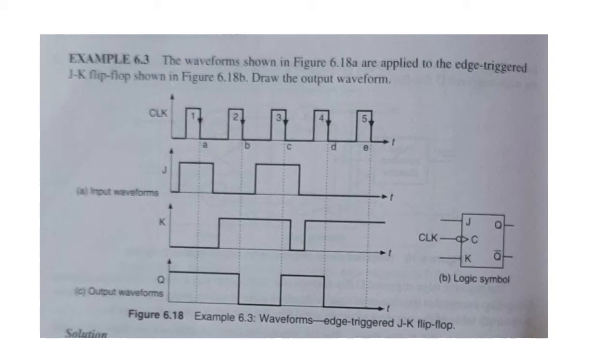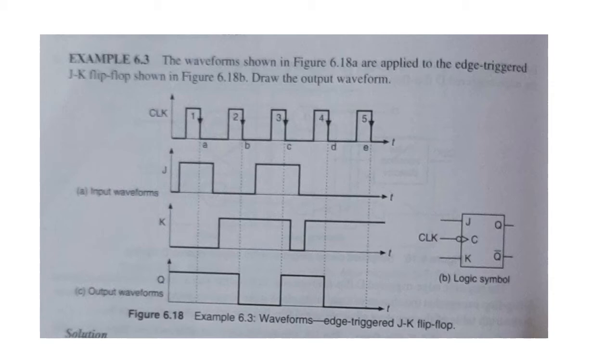If the given J and K waveforms are like this, what will be the waveform for Q? Since the given flip-flop is negative edge triggered, triggering will occur only at the negative edge of the clock signal. To identify that easily, a dotted line has been drawn on each negative edge of the clock.